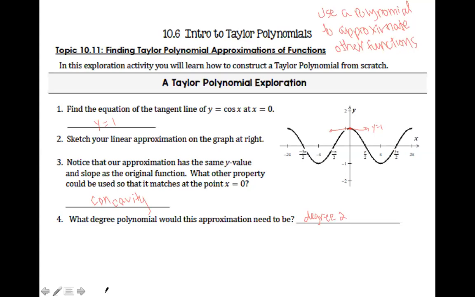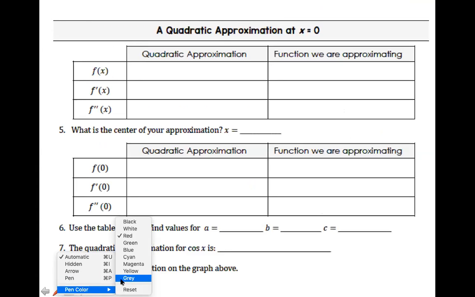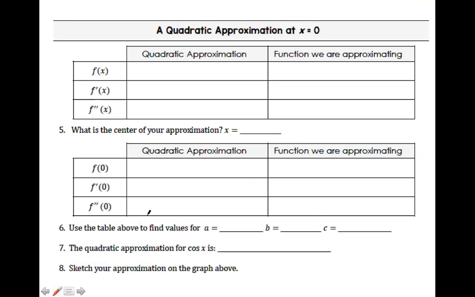All right, let's look at our next slide. So we are now going to do this approximation. I'm going to grab a different color. To write a quadratic approximation of a function, well, a quadratic expression usually looks like something times x squared plus something times x plus a constant.